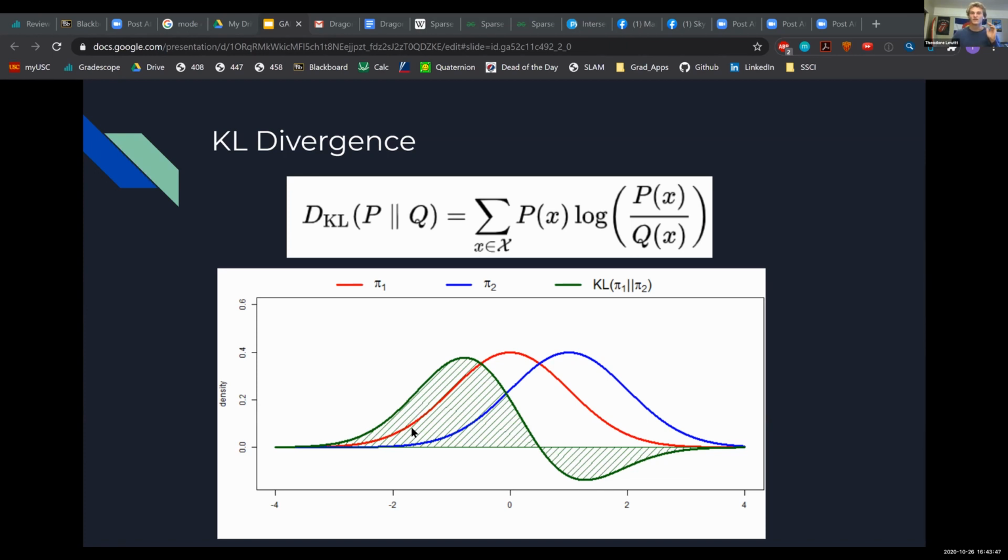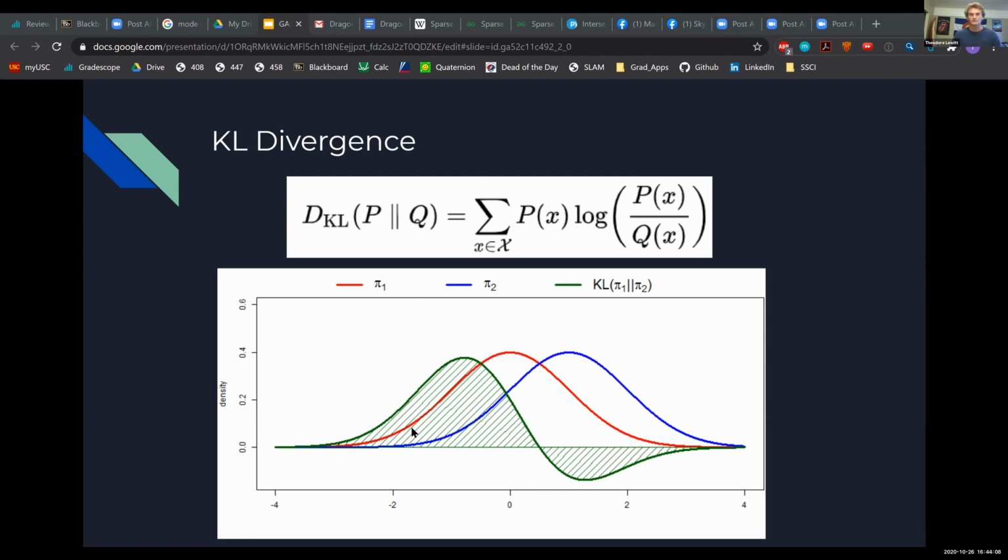So instead of your P being bigger than your Q, now your Q is bigger than your P. So this is the way that GAN researchers and everyone that uses probability distributions quantifies how close two distributions are to each other.